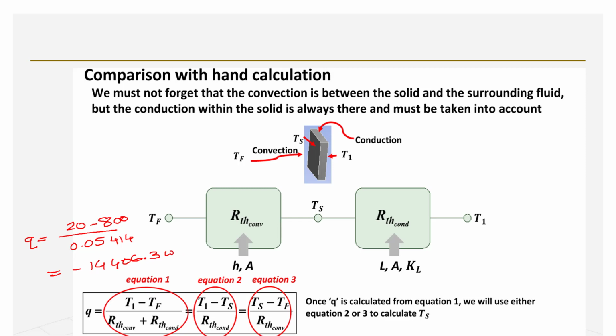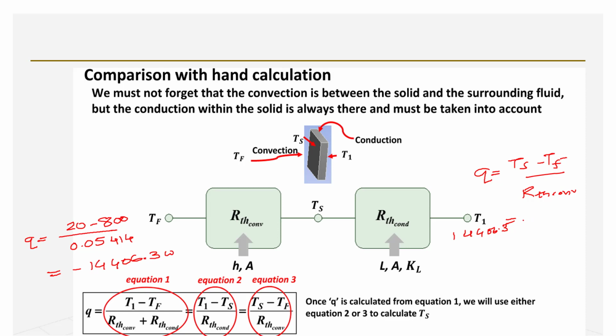So that was the verification part. Further on, you can calculate TS using any of the equations. Let me take equation number 3. I want to find out TS. I know Q is equal to TS minus TF upon RTH convection. This is 14406.3.